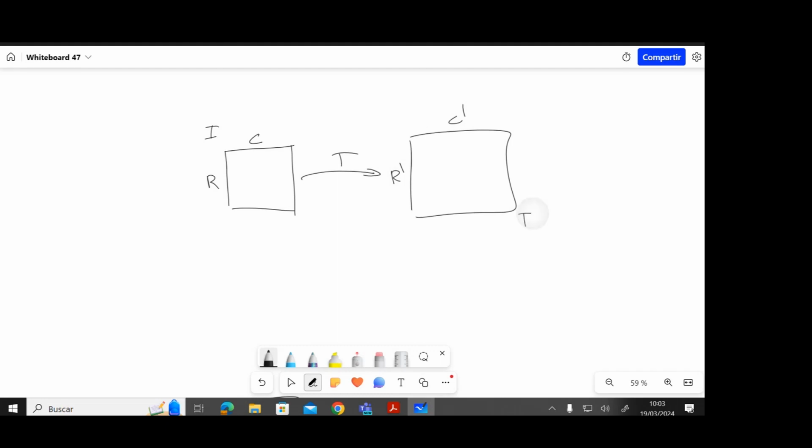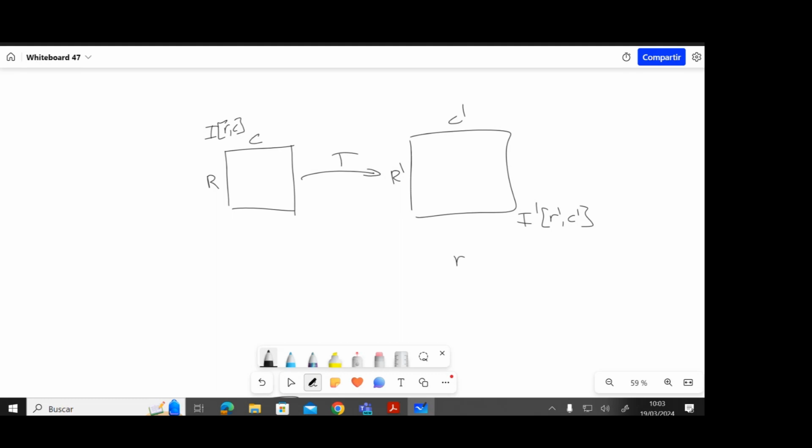It would be our I prime image. These are the coordinates in the input space. These are the coordinates in the output space.